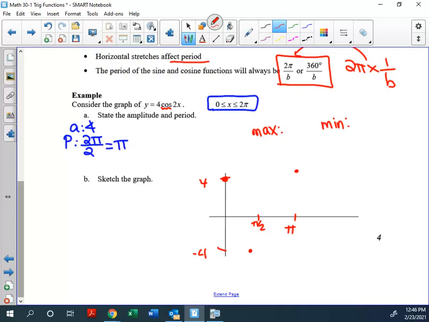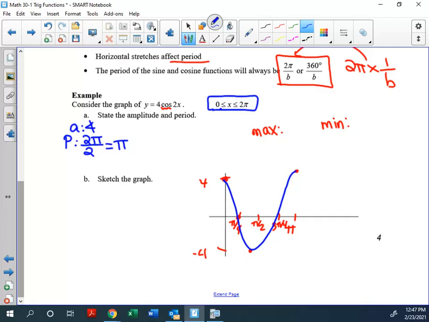So what's halfway between 0 and pi over 2? Pi over 4. And now I need to find the halfway point between pi over 2 and pi for it to come back through. 3 pi over 4. So my first graphing, one period, is I start at my high, I go through my x-intercept, I bottom out, I cross, and I come back up.